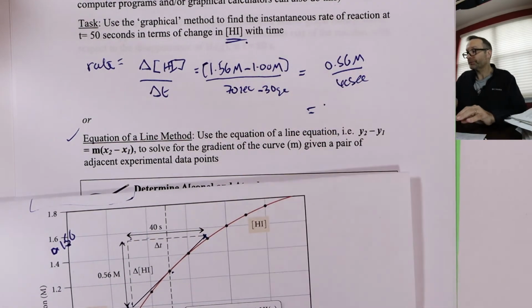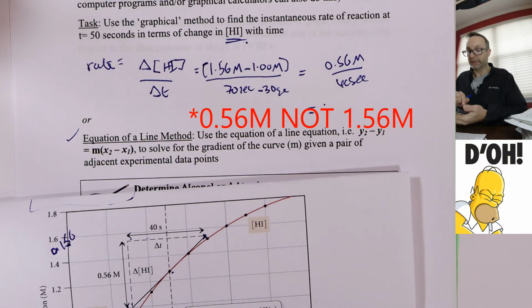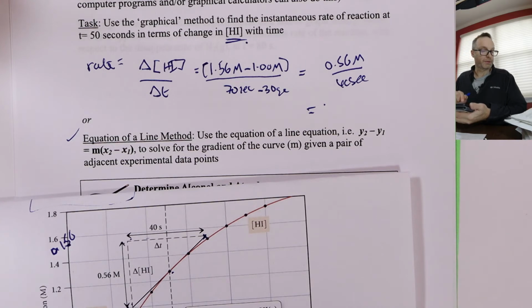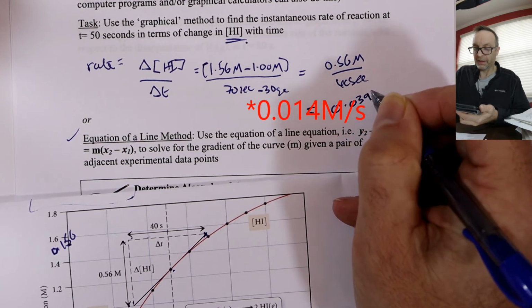Divide them out. I don't have a calculator handy because I use my phone as a quick calculator. So work it out yourself too. I'll just work it out on the side here real quick. 1.56 divided by 40 equals 0.039.